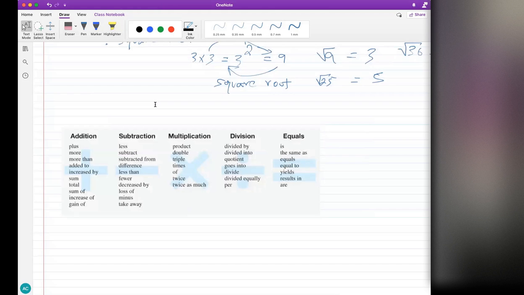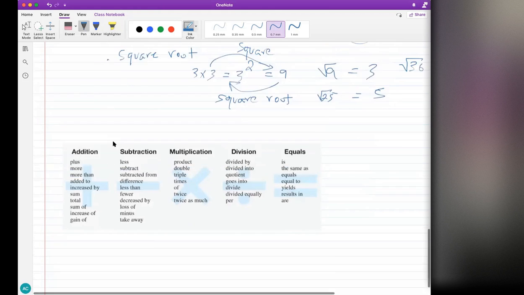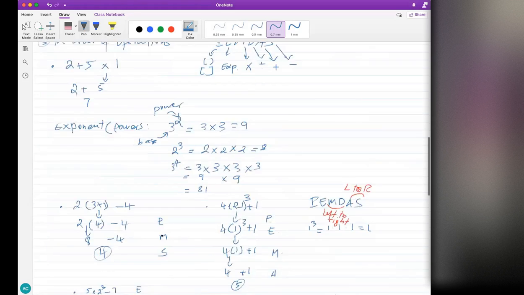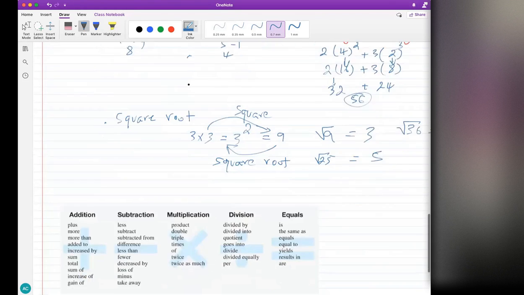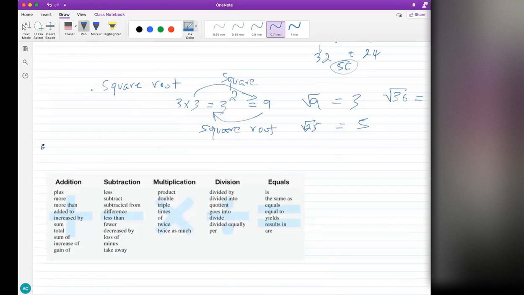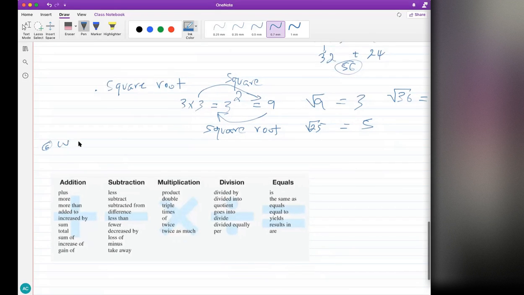The last section now, number 6, we're going to call word problems. So again, my pen is a lot slippery. Word problems.